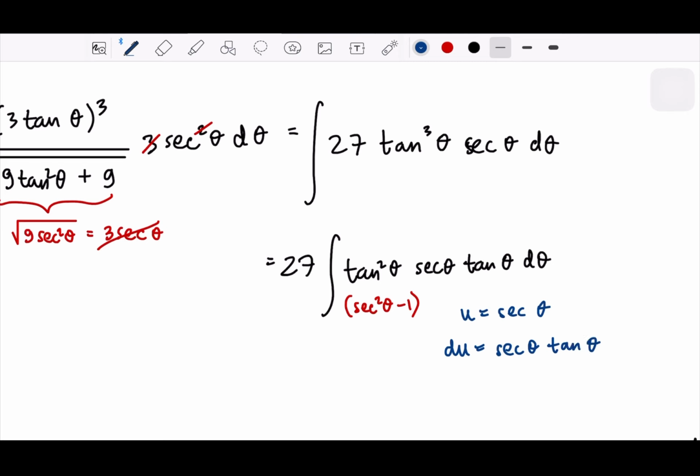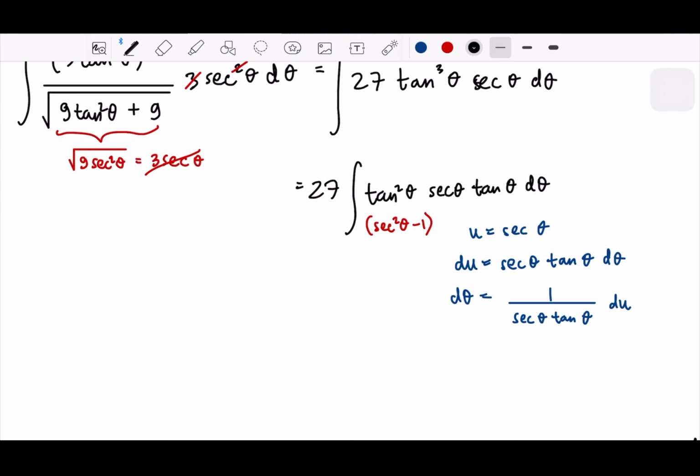Okay, so this becomes u squared minus 1, and the secant tangent is cancelled, so this is just u squared minus 1.